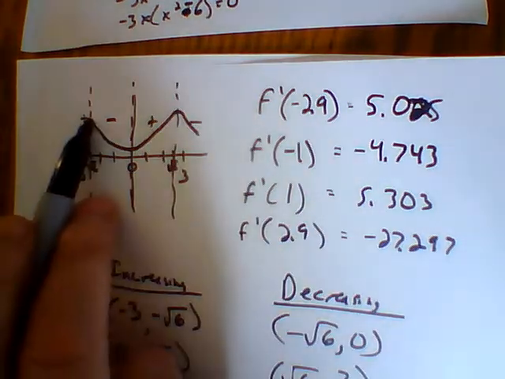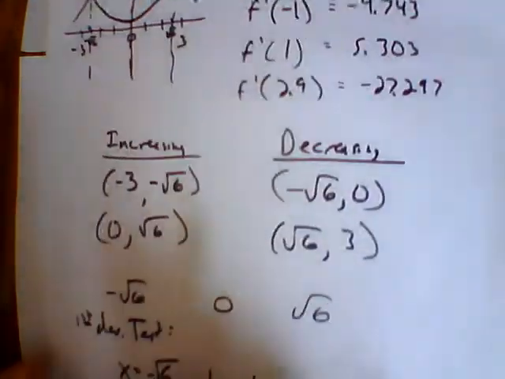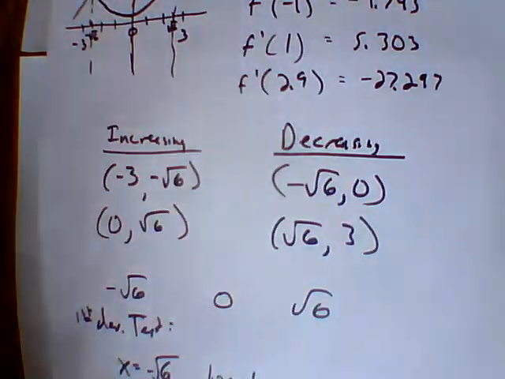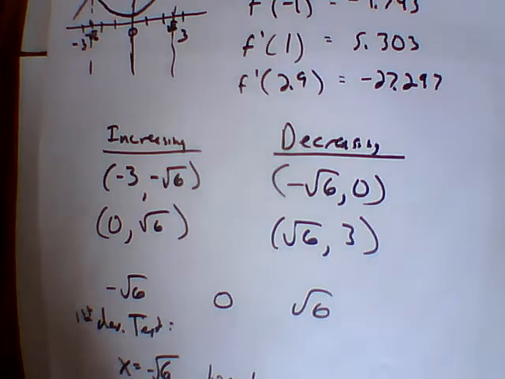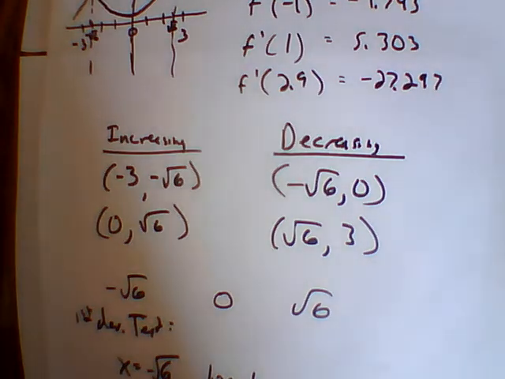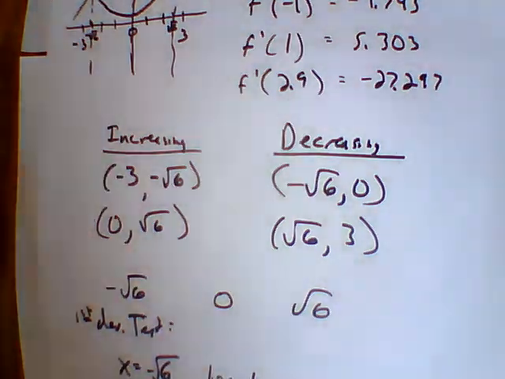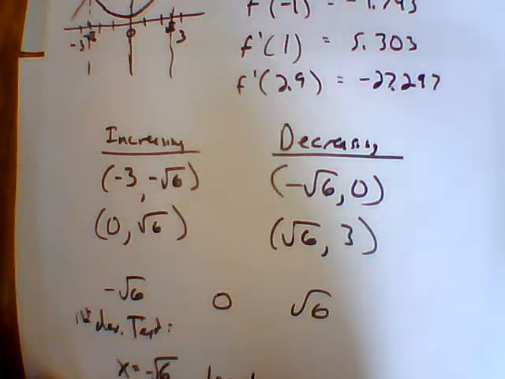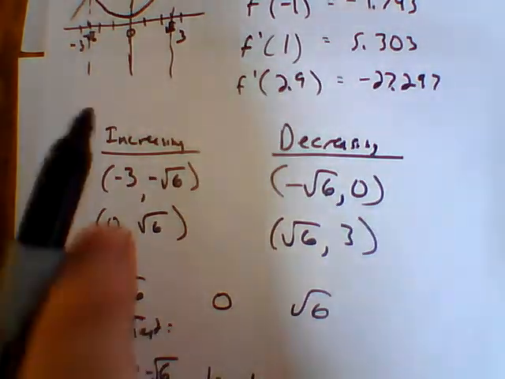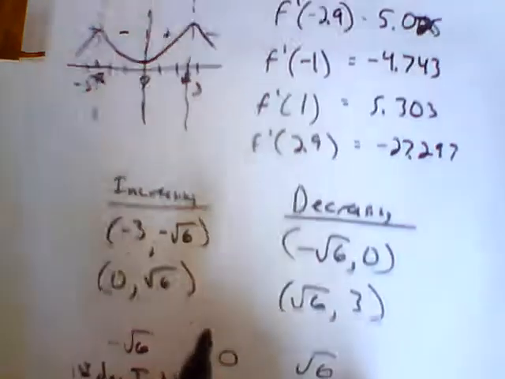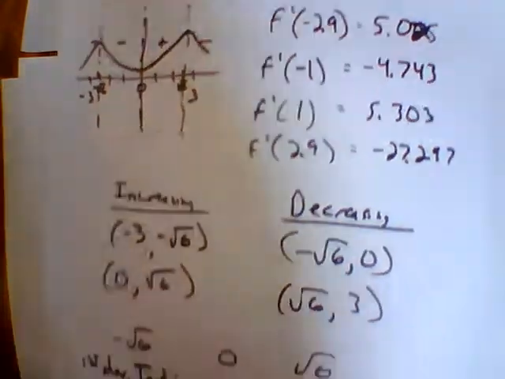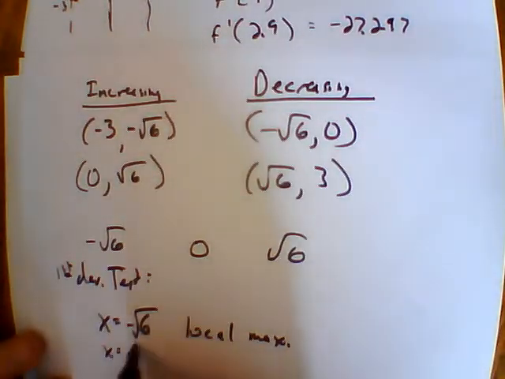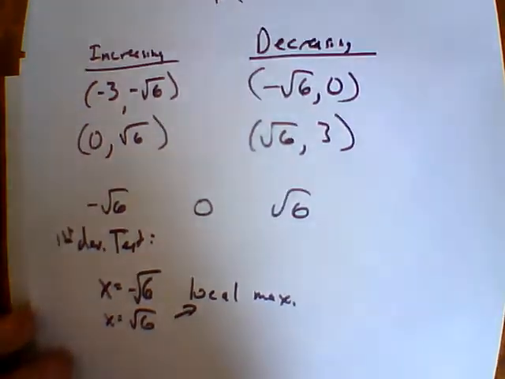So we see that we have a maximum here, just looking at the graphs and at this first derivative test. Once again, we get the sign change from positive to negative. Also, we would have a local maximum, positive to negative, at root 6.